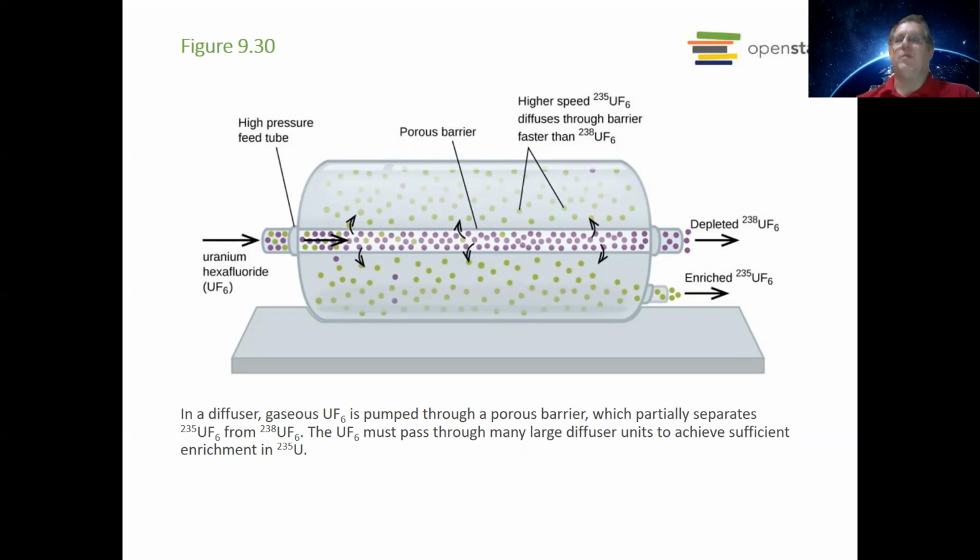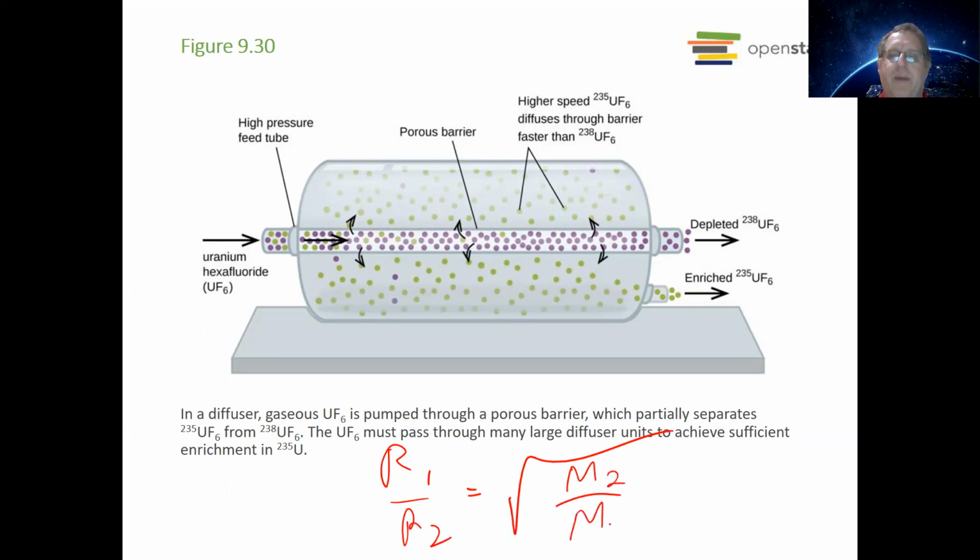So in other words, the rate of gas 1 to the rate of gas 2 is equal to the square root of the molar mass of gas 2 to the molar mass of gas 1. Fairly simple. Again, you just have to keep track of everything, and it's a fairly simple calculation to do. I would say easy, but I know how easy it is for people to take something simple and say it can't be that easy, and you make it hard.